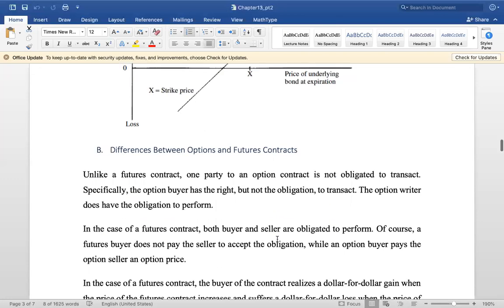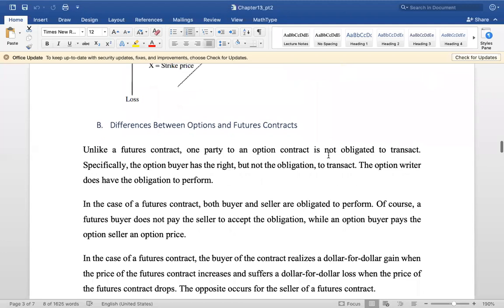What's the difference between options and futures contracts? It's straightforward. Unlike futures contracts, one party to an option contract is not obliged to transact. The option buyer has the right, not the obligation, to transact.